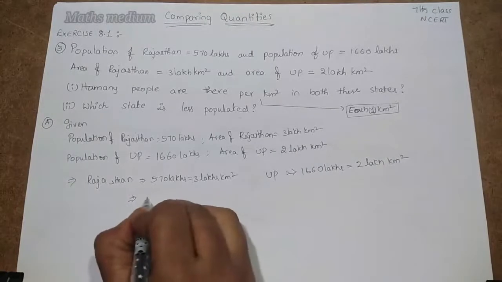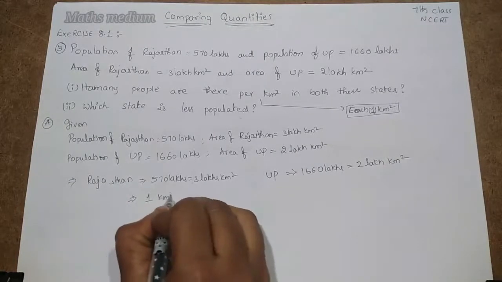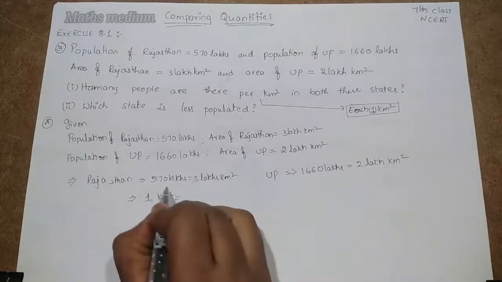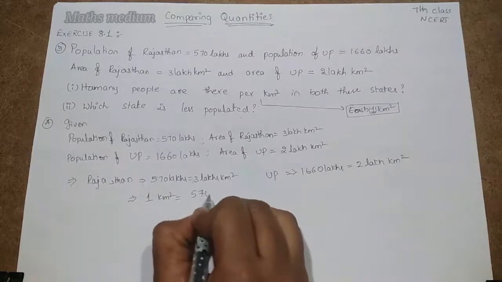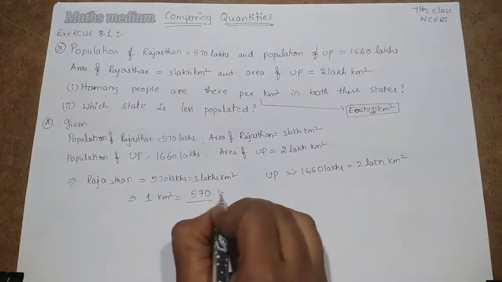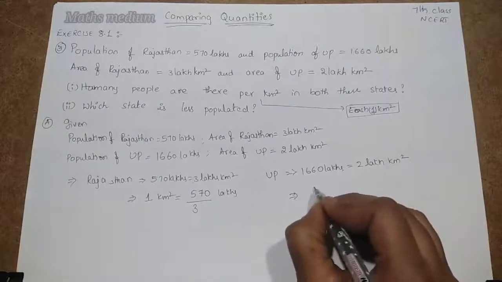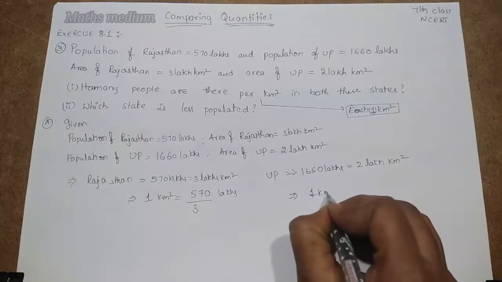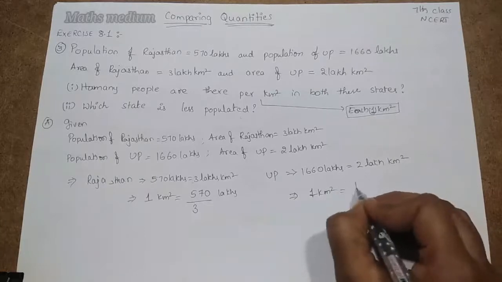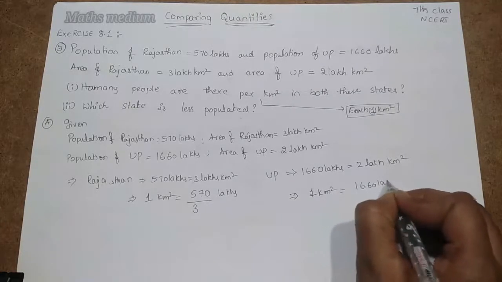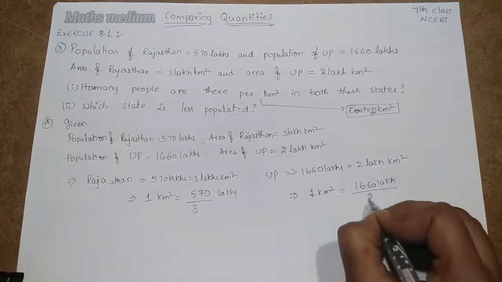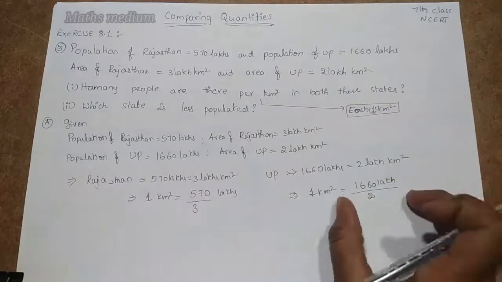So, here 1 kilometer square is equal to, if you take this as denominator, 570 by 3, it is in lakhs, right? Here also, 1 kilometer square, 1660 lakhs divided by 2. But ratio doesn't need any units.